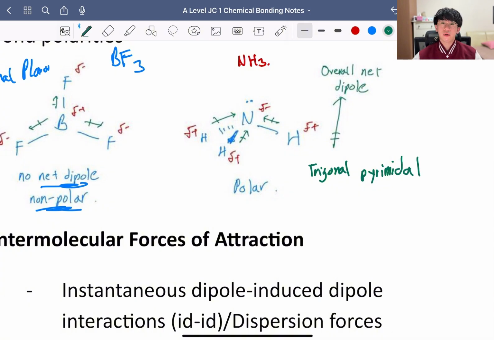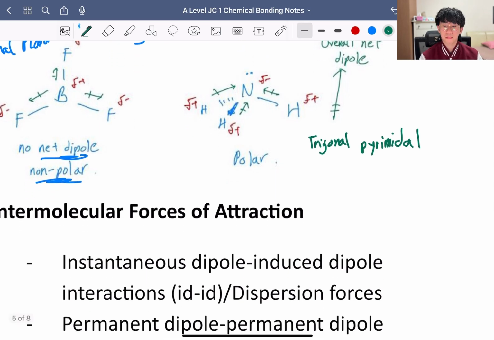So all the H atoms are actually below the N, and in general it's pulling the electrons upwards, right? So because you account for the shape, you realize that NH3 is a polar molecule because it has an overall net dipole.